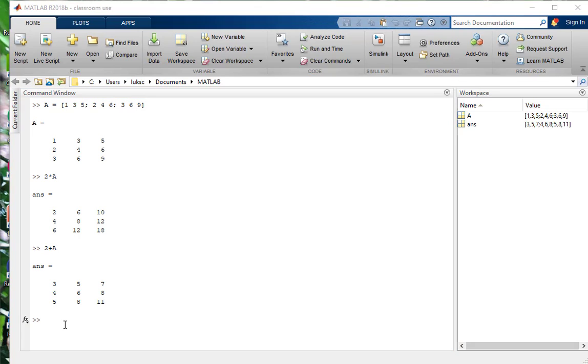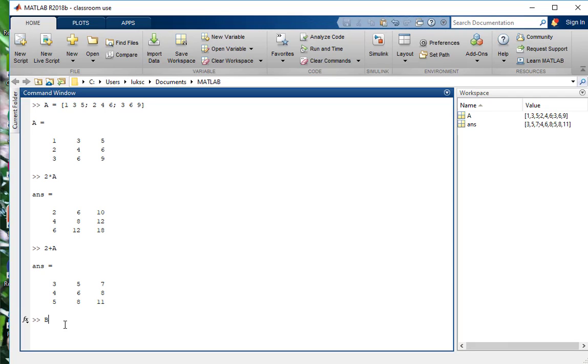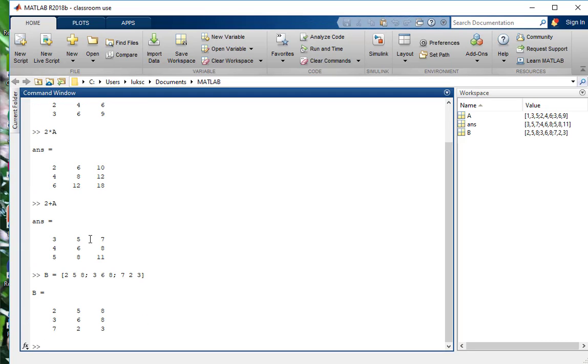So let me put in a second matrix, B equals, I'll make it the same size and shape, 2, 5, 7, semicolon, I'm just making up numbers. Okay, so I have 2 different matrices here, A and B, they are the same size and shape.